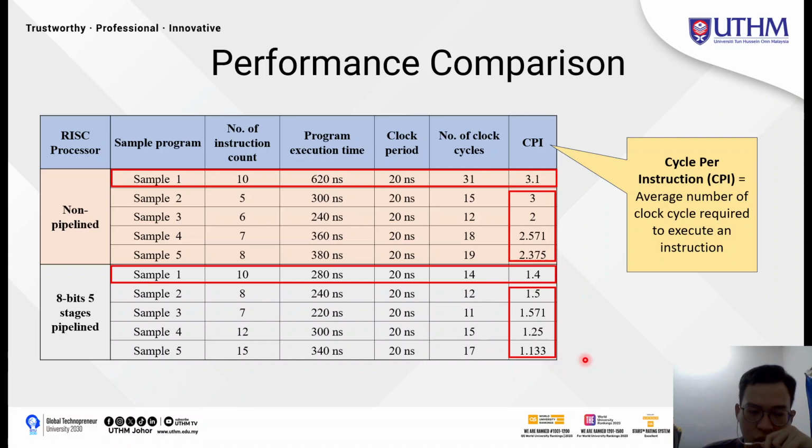This result shows that the designed pipeline processor is consistent with the behavior of a pipeline processor, which means that a pipeline processor will have better performance and higher throughput than the non-pipeline processor.